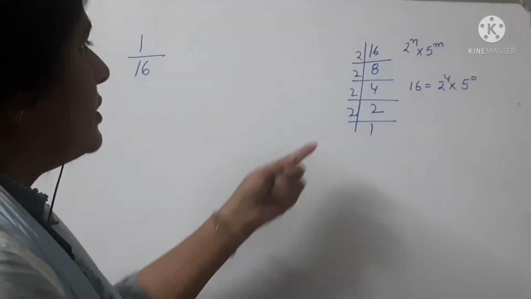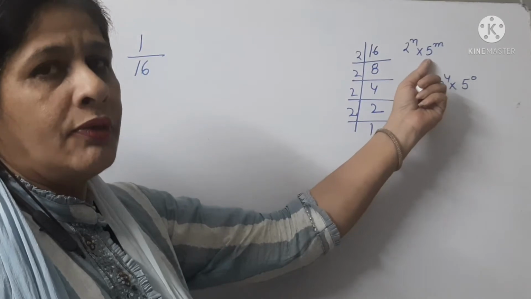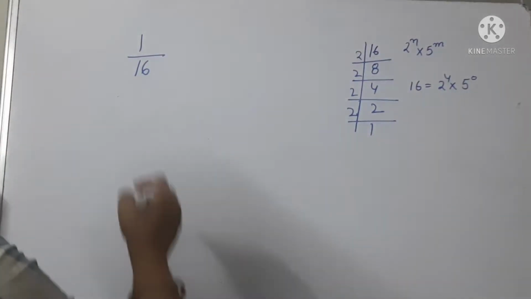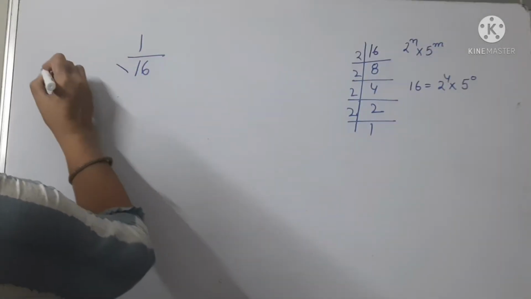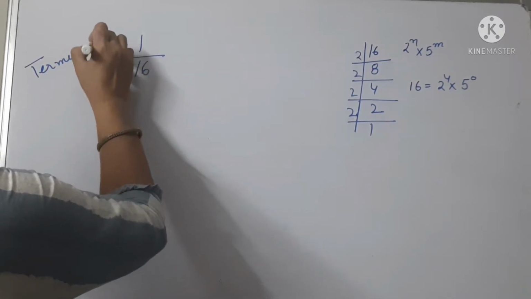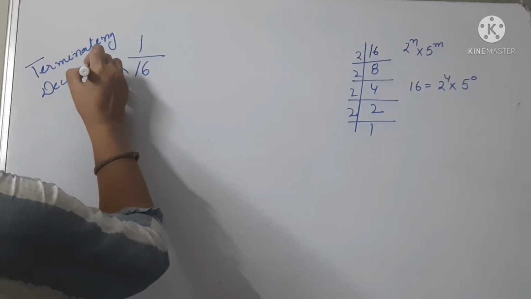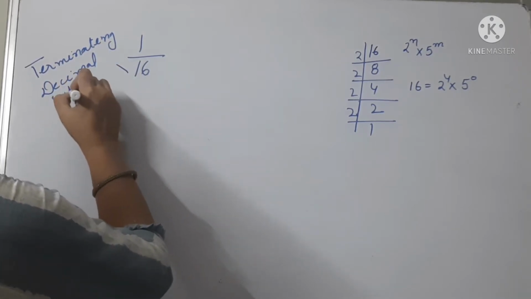So 16 we can write in the form of 2^n multiplied by 5^m. So this given rational number is a terminating decimal expansion.